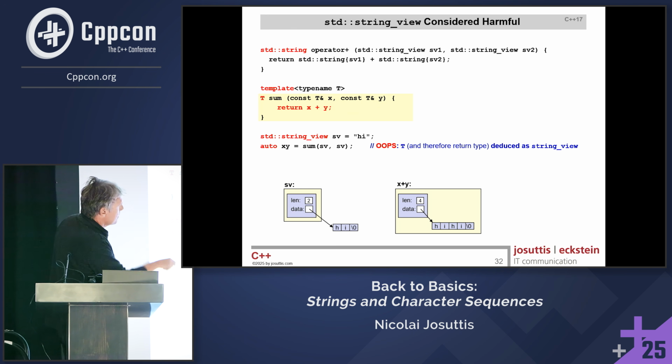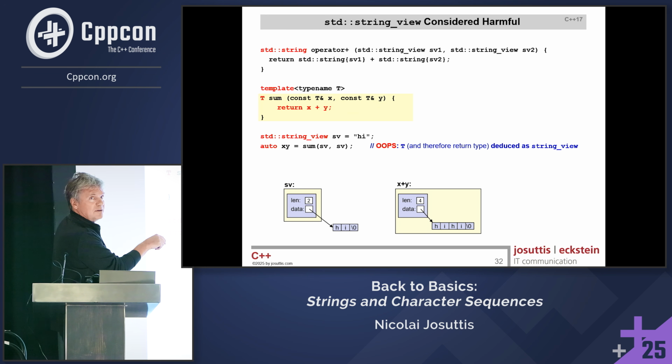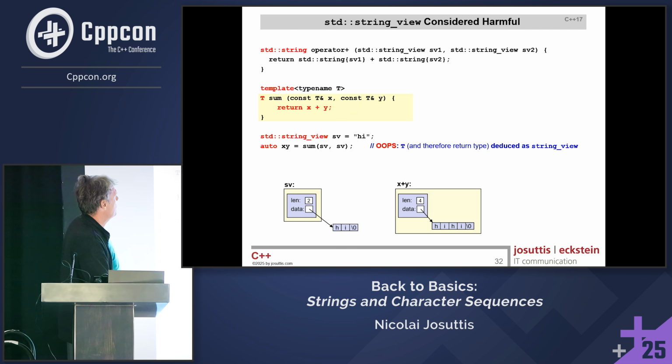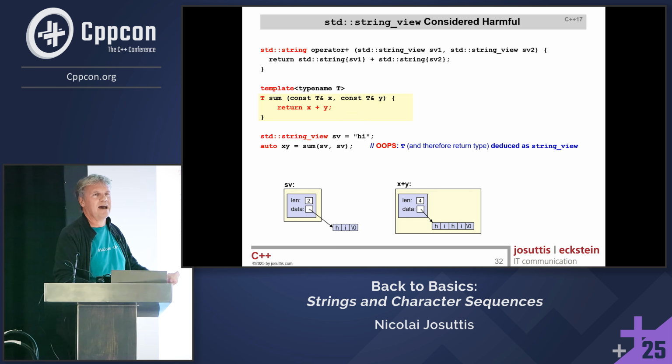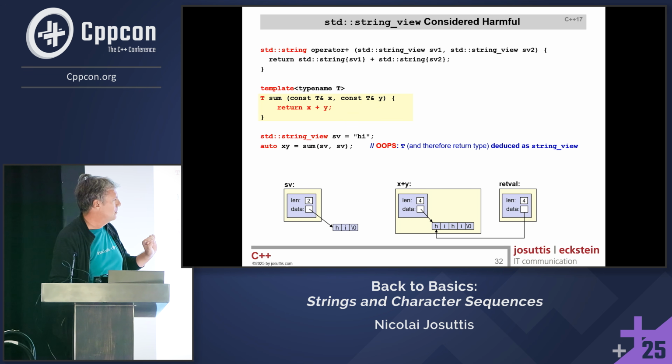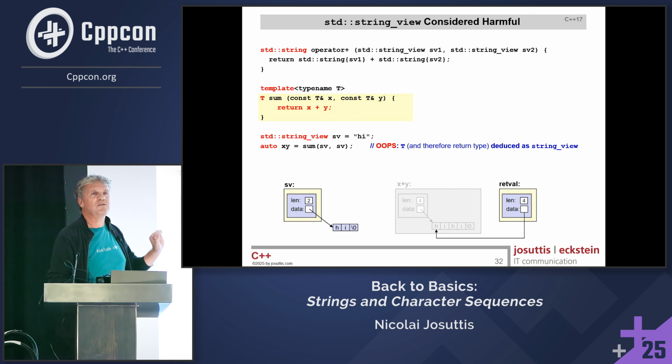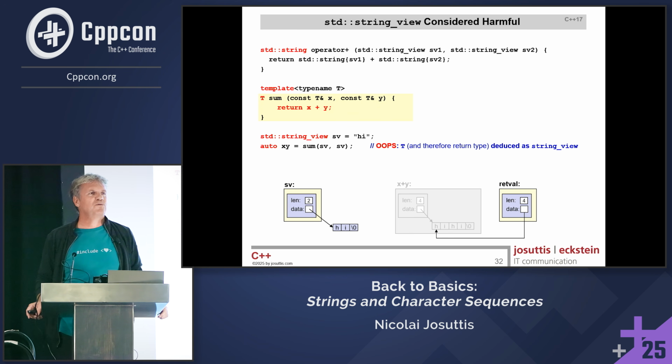So that string is returned by this plus operation. But what we return is a T. And what is T? T is a string view, which is not the string. It's a view to the string, which is a pointer to its memory. So when we pass back the return value, we destroy local objects. And that means we return a pointer to memory that was freed.